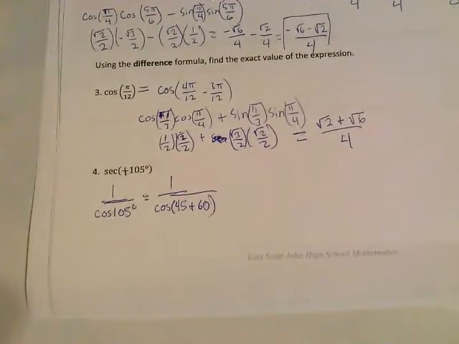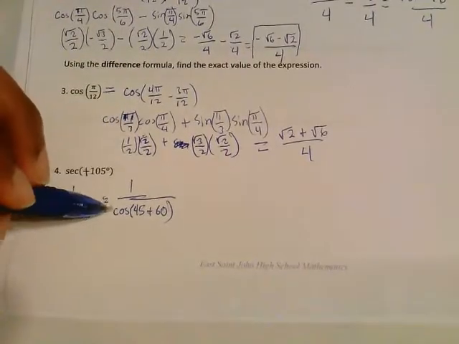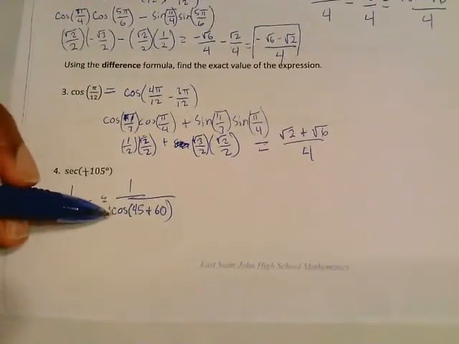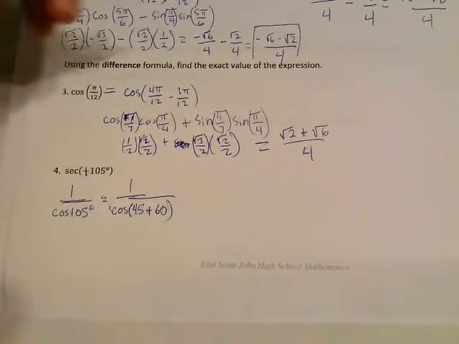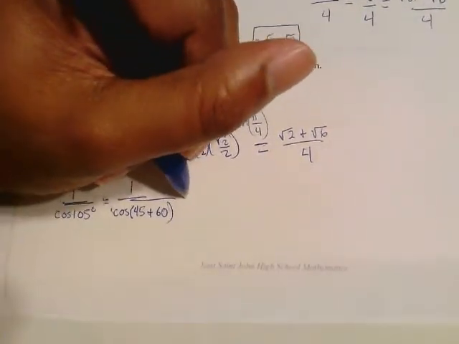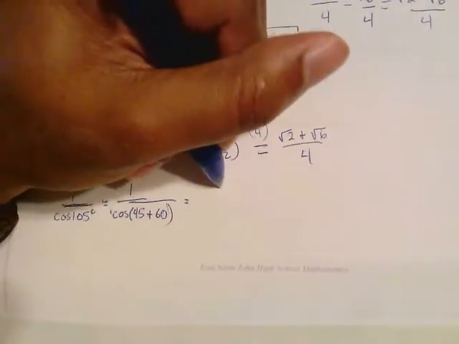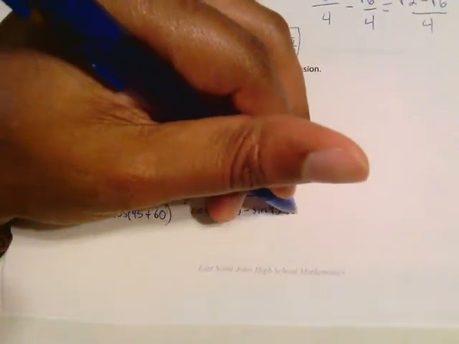And now we just apply our formula. It's just that everything is in the denominator instead of it being in the numerator where it normally is. So everything will be underneath a 1 as a numerator. So we'll have cosine 45 cosine 60 minus sine 45 sine 60.